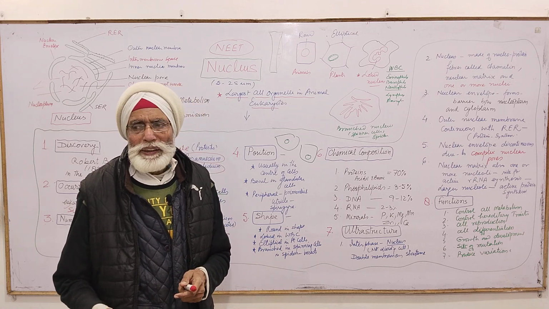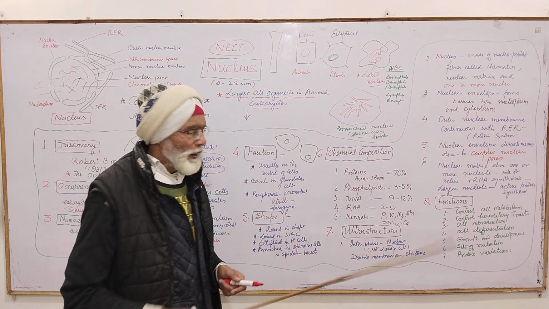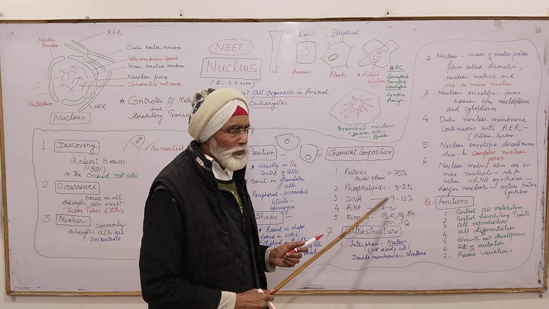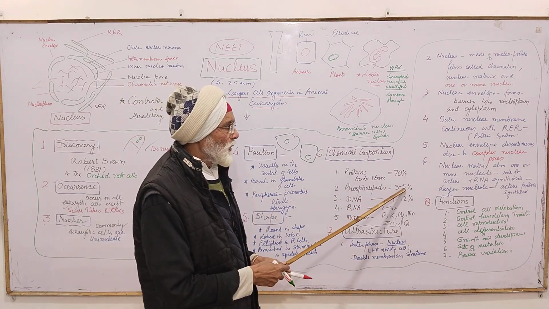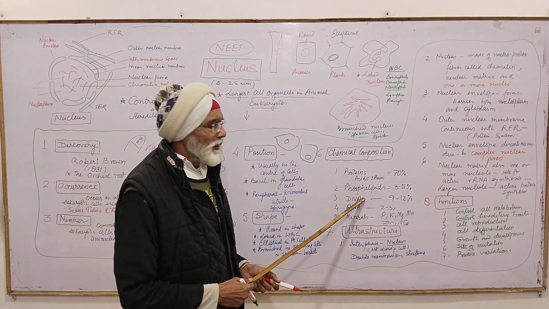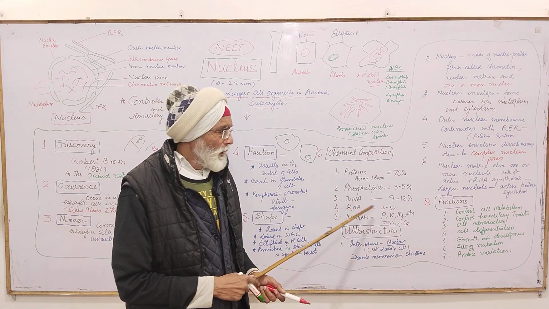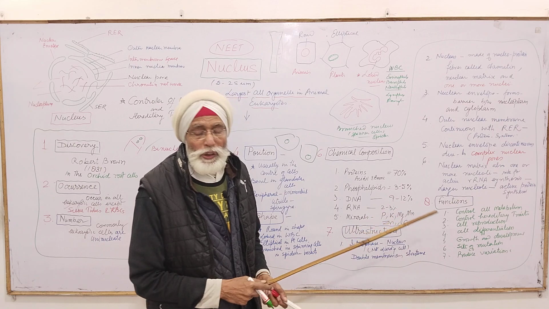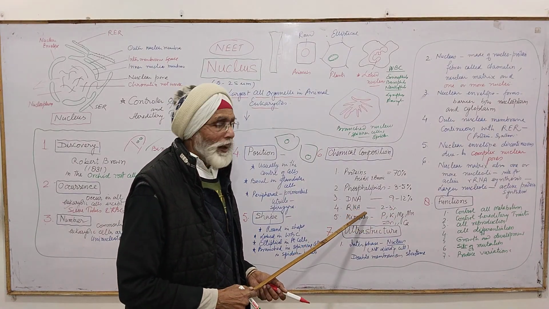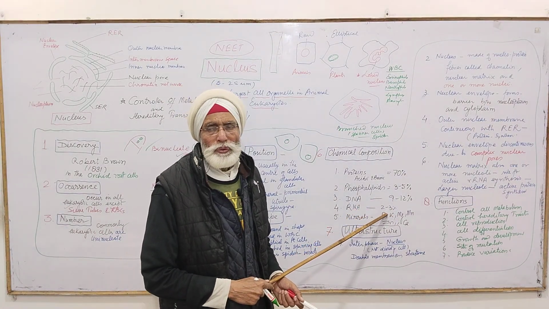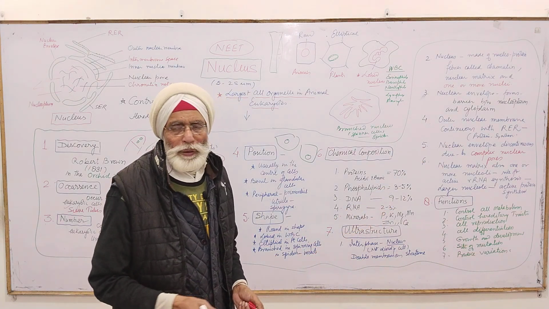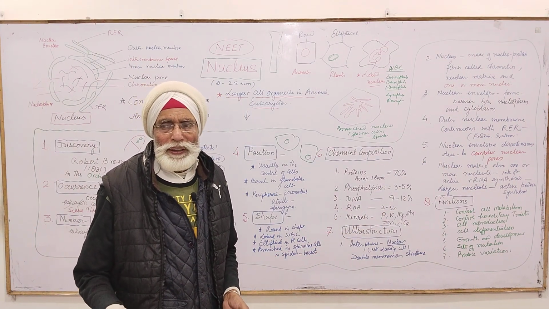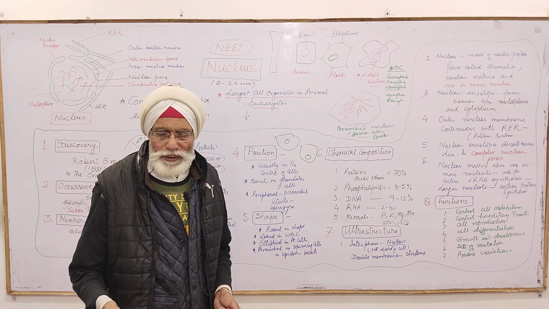So they are basic, and some acidic proteins are also there around the DNA. Phospholipid is very important to have the nuclear membrane. This is another component, 3 to 5%, and DNA, the major hereditary material in the nucleus, constitutes 9 to 12%. In the case of RNA, it is 2 to 3%, because it is synthesized in the nucleus and migrates to the cytoplasm for further activity, either mRNA, rRNA or tRNA.